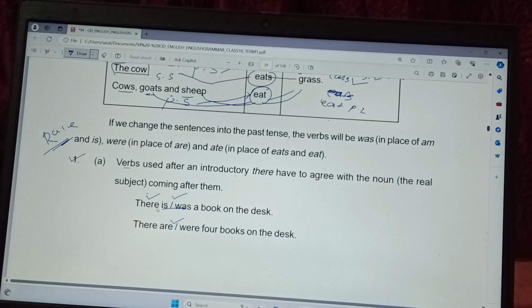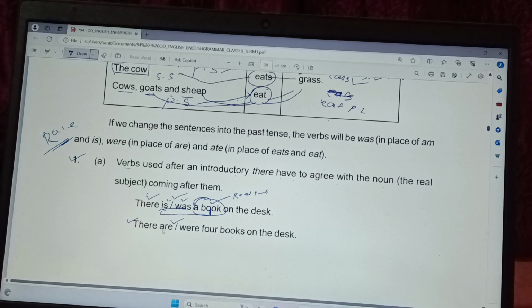So if a sentence begins with there, there is an introductory subject and here a book is the real subject. So the verb agrees with book. The book is a singular subject. So we put is and was according to the sense.